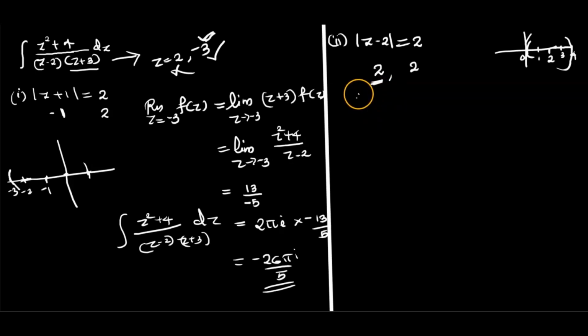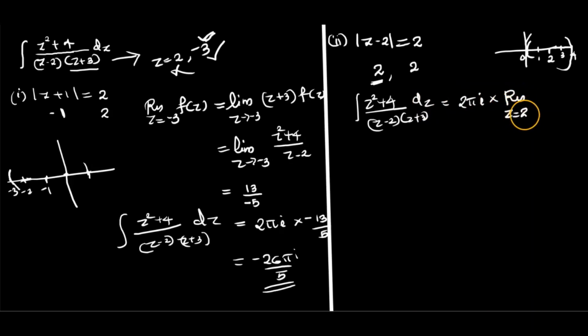Therefore, by the residue theorem, the integral of z squared plus 4 divided by (z minus 2)(z plus 3) is equal to 2 pi i times the sum of residues at the singularities inside. Only z equal to 2 is inside the circle, and it is a simple pole. So the residue is the limit as z tends to 2 of (z minus 2) times f of z.